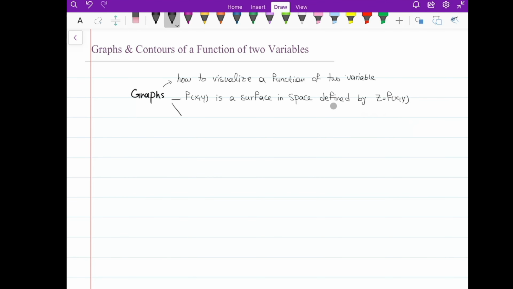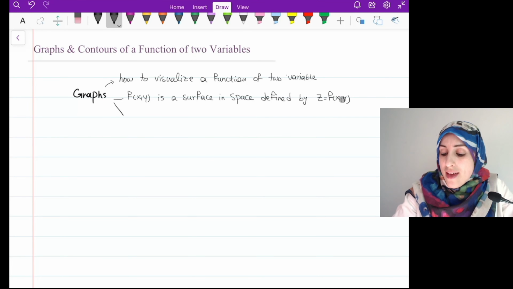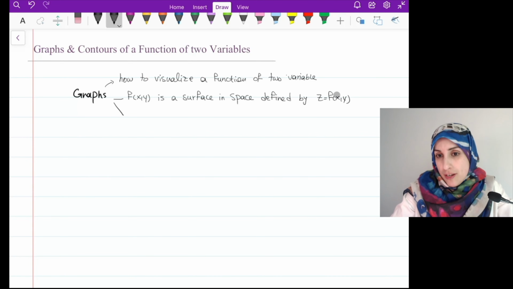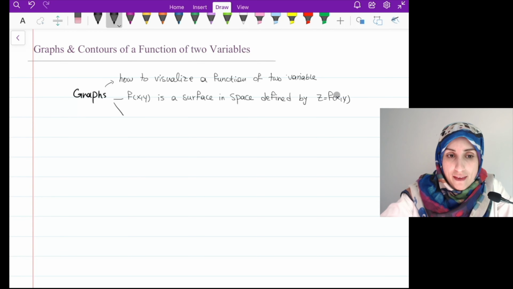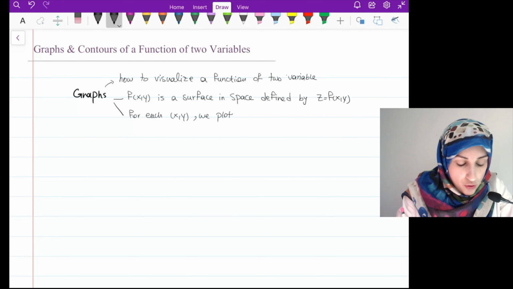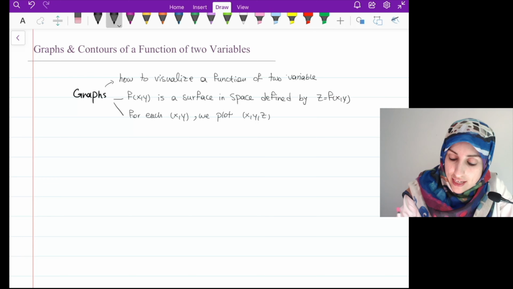We have two independent variables, x and y, and so that's why we have 2 degrees of freedom, and z is a function of x and y. Z is usually the height of our function. And then for each x and y, we plot the point x, y, and z where z is equal to f of x and y.